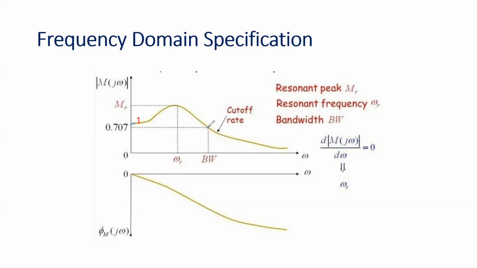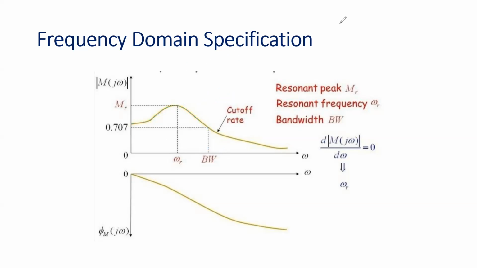The frequency at which the output, this response M of j omega, reaches 70%. Suppose this frequency is some omega B. Then omega B minus 0 will be equal to omega B. That is the bandwidth of the system.